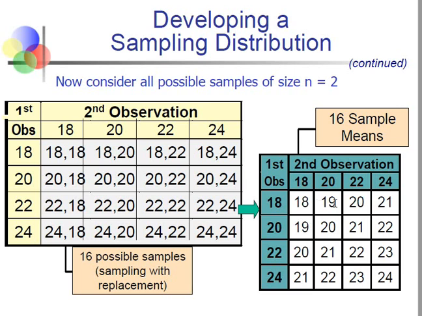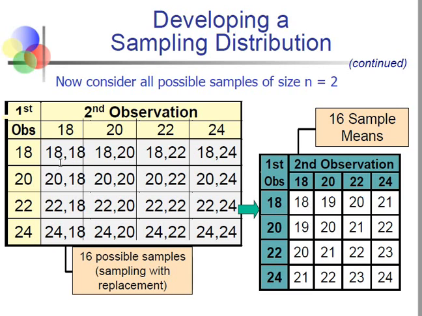Then 18 plus 20 divided by 2 gives 19. 18 plus 22 divided by 2 gives 20, and 18 plus 24 divided by 2 gives 21. So we are finding the mean of each of the samples.